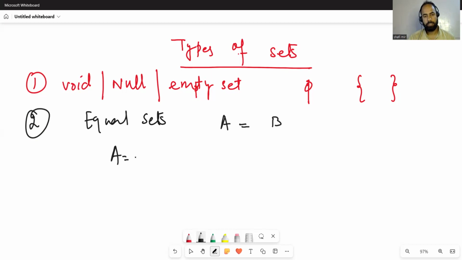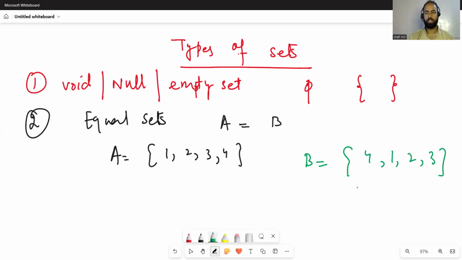Suppose set A contains 1, 2, 3, 4 and set B contains 4, 1, 2, 3. You can see all the elements are identical. The order does not matter in the case of sets. You can change the order of the elements, that will not change the set. So set A and set B are equal, because they have the same elements.